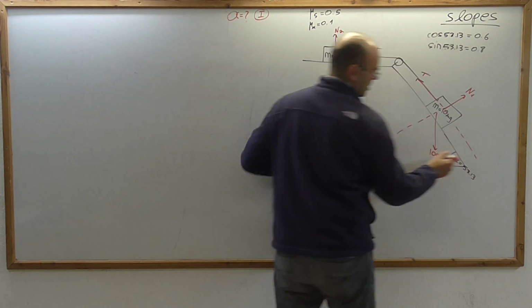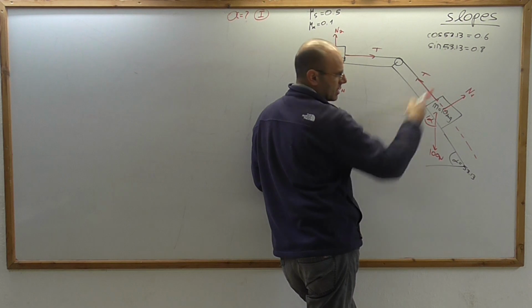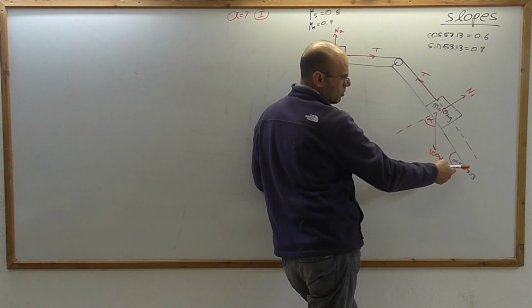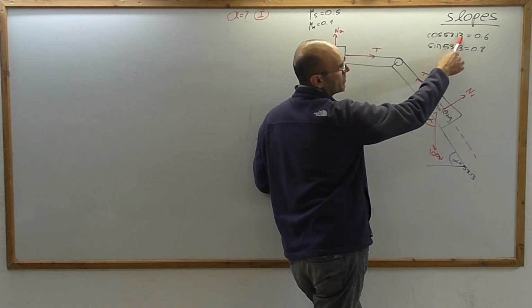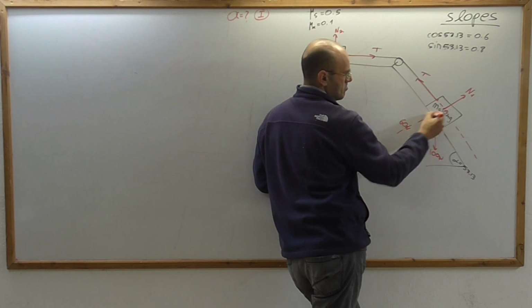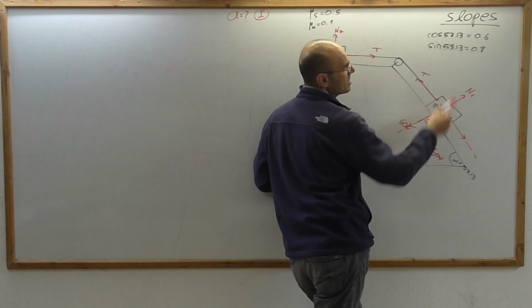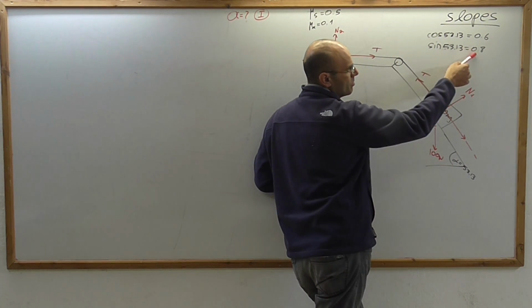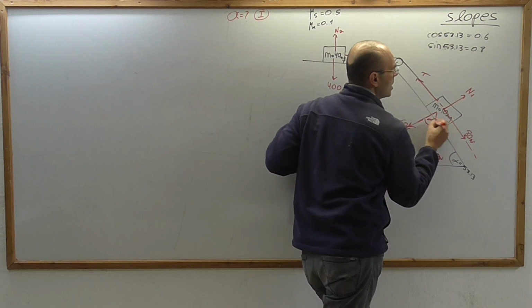This is the slope. This will be alpha because the angle between the y-axis and the mg is the angle of the slope. This is 100 cosine alpha. 100 cosine 53 is 0.6 multiplied by 100 is 60 newtons. And this will be 100 sine alpha, which is 100 multiplied by 0.8, it's 80 newtons. I'm wiping it off.